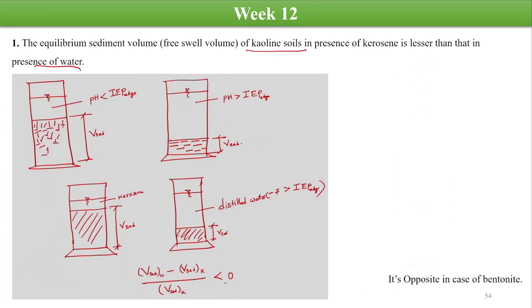So in the case of kaolin, in the presence of kerosene and in the presence of distilled water, the volume is different, right? This has to do with the flocculated and dispersed nature of the structure, the arrangement of the particles. So the statement that the equilibrium sedimentation volume of the kaolin soil in the presence of kerosene is lesser than that in the presence of water may not be correct, but it might be true for the bentonite soil.